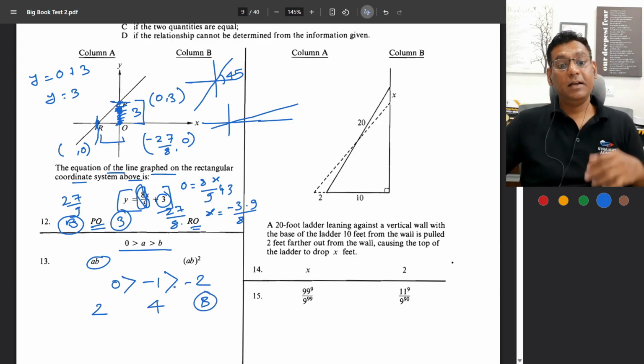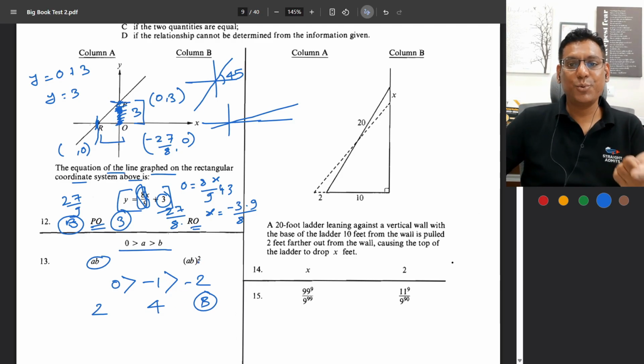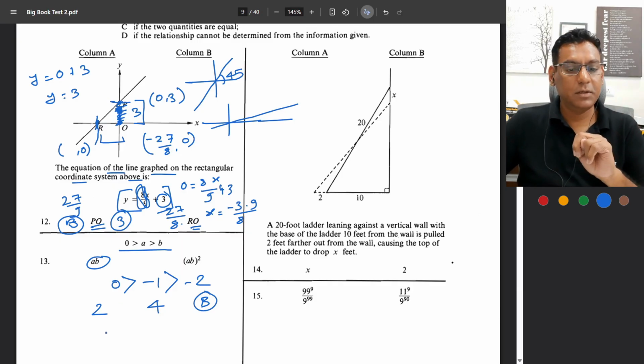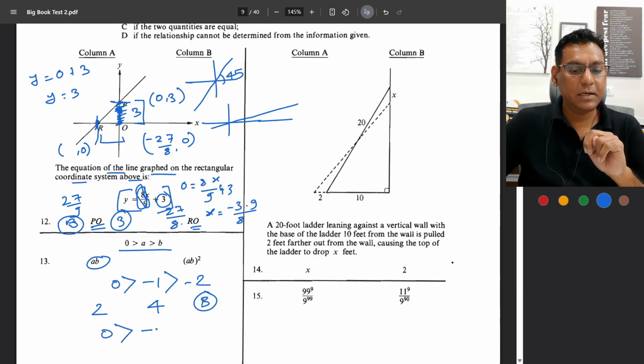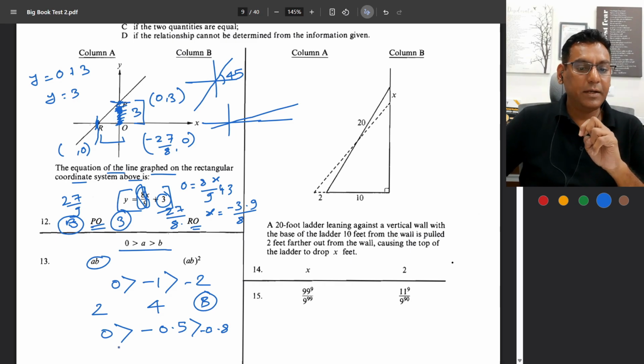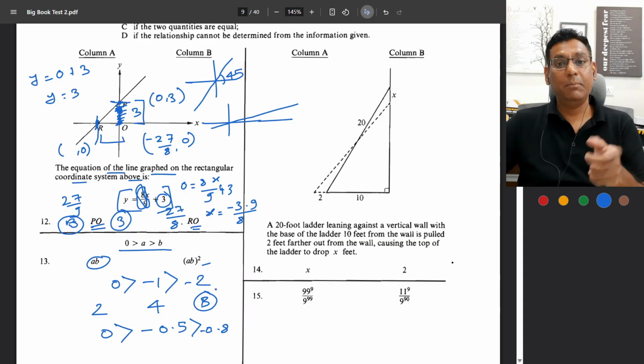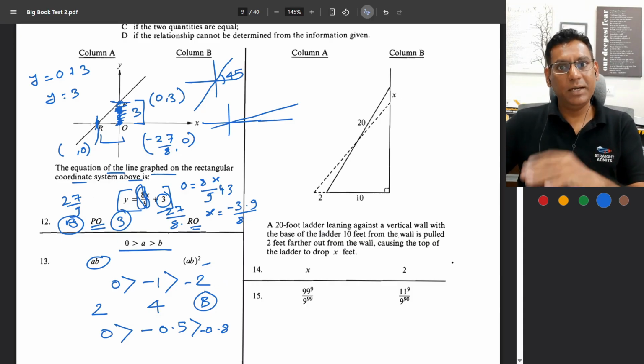Let me take some other cases. Now I know this is a square, and these are negative numbers. So let me also take a case where both these numbers are greater than -1. For example, 0 greater than -0.5 greater than -0.8. What do I get here? Why am I taking this case? Because there is a square here, and when you square a number less than 1, you get a smaller number.